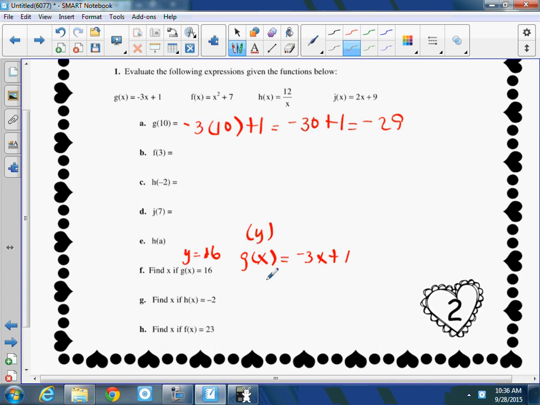So I'm going to plug in that y over there, which is 16 equals -3x plus 1. And then I'm going to solve for x. So that will be minus 1, that's 15 equals negative 3x. I'm going to divide by negative 3, and x equals negative 5.